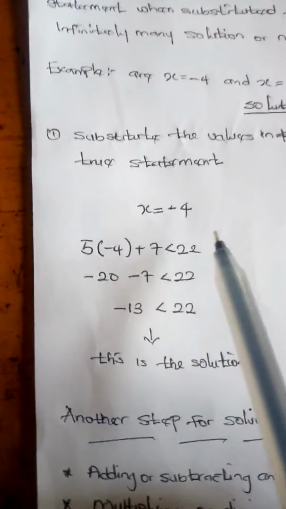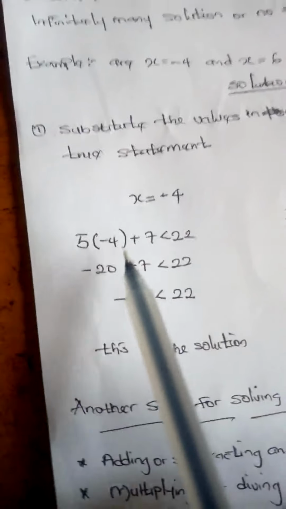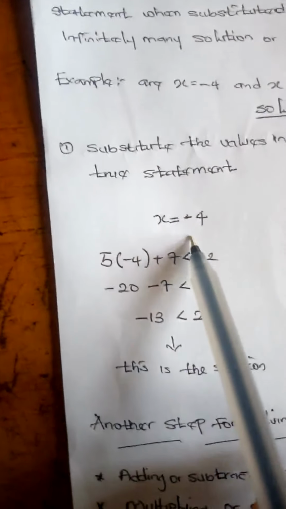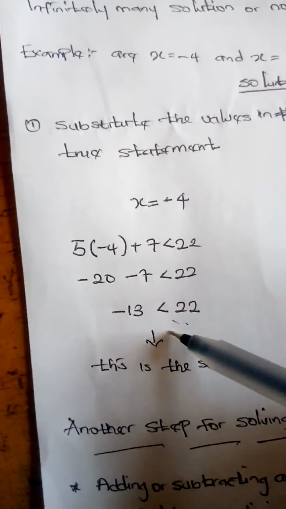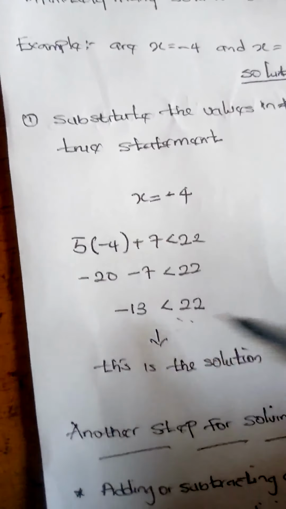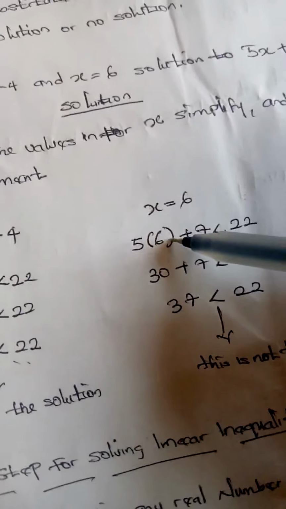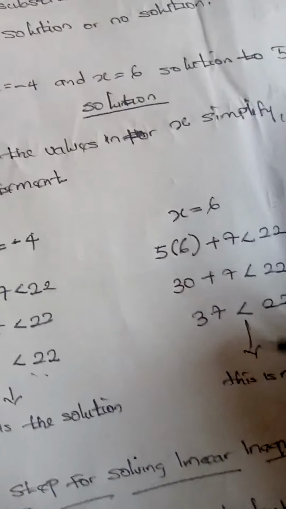Now they're asking which of these is a solution. So we solve both of them by substituting. Our x is -4 here, so when we see x, we put our -4 there, and we solved it and got this. Then we substituted 6 as x, and when we solved, we got this answer.